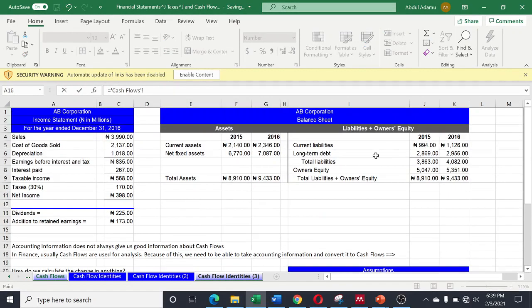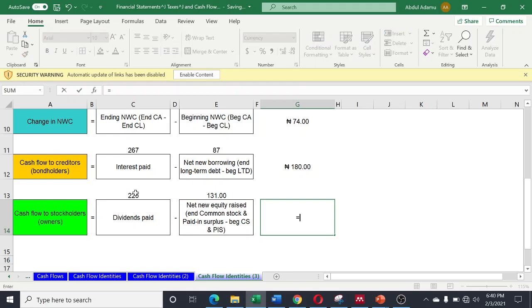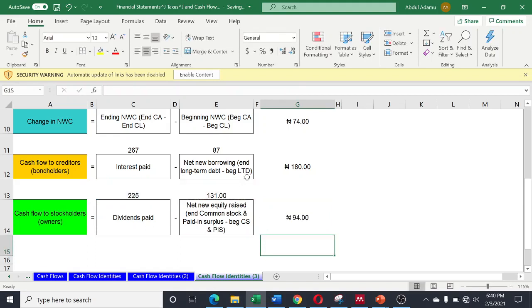So we go back, our end common stock, that is owner equity, minus beginning common stock, minus, because this end common stock contains retained earning, minus our retained earning. So that is the value. Here now, this is equals to this minus this. That is the answer, 94 naira.